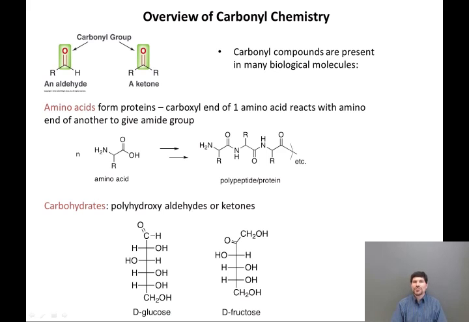Fructose is a type of sugar called a ketose, meaning that it is derived from a ketone. As you can see, the carbonyl group on fructose is a ketone. It's got a carbon on one side above it, a carbon on the other side below it, and once again, just like in the case of glucose, every carbon that is not part of a carbonyl group has an OH on it.